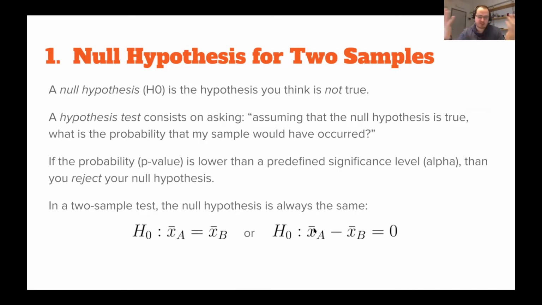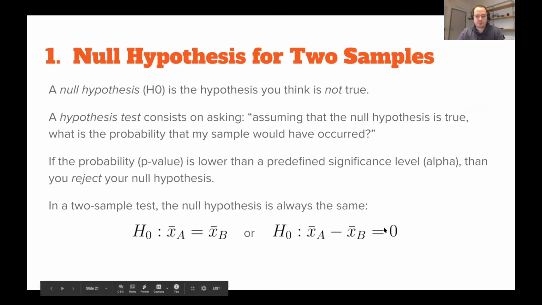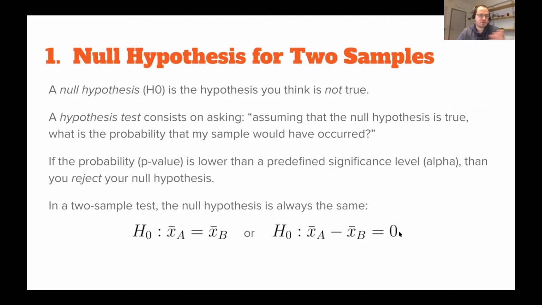So you had a hypothesis that said, well, I think that the average height of Swedish men between 14 and 20 is whatever. So it would be some value equals some other value. And in this case, it's exactly the same: this thing minus this thing equals zero. This is a lot more familiar to us than just saying that they are equal, but it's exactly the same. It's just another way to write it.